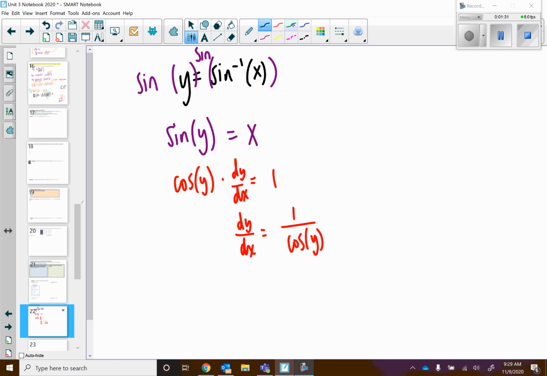So now we have to go back up to the beginning and consider this function right here, y is equal to sine inverse of x. And this is another place where we're going to look at something you did in pre-calculus, which is kind of cool.